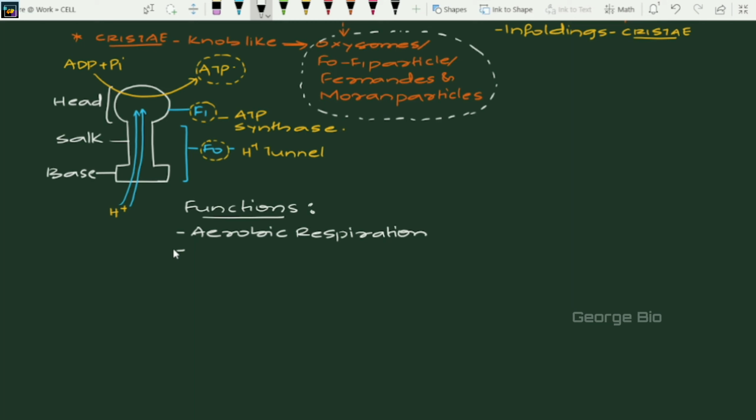Out of all, 3 steps take place in the mitochondria itself, except glycolysis. It means it acts like a site for Krebs cycle, and link reaction and ETS also. Why? Because the enzymes which are required for the Krebs cycle are present inside the mitochondria.